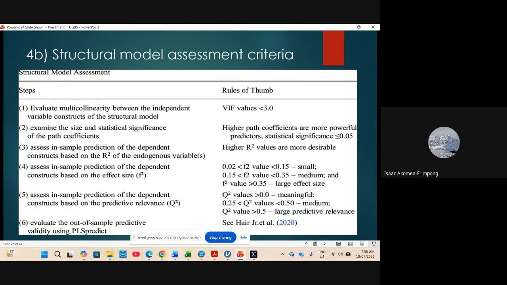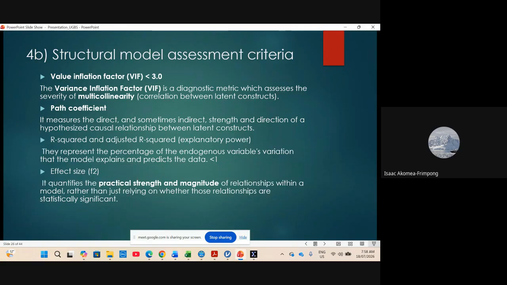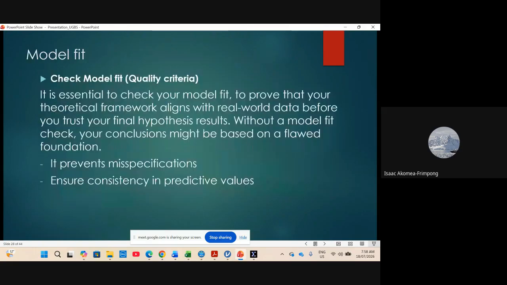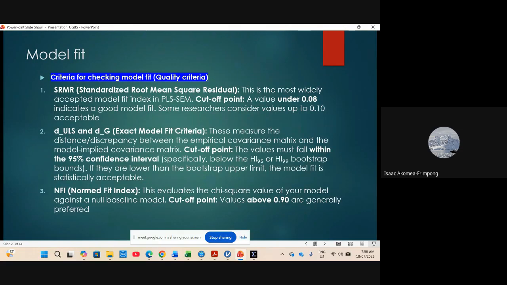But for you to go a little bit further, which I'll teach you next week, you need to check your model fit. So next week, I'll take you through this model fit. Once all these things are considered, apart from the measurement and the structural model, I will recommend that you also check the model fit.